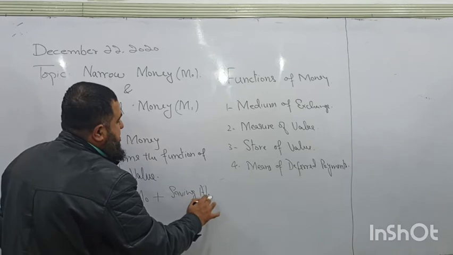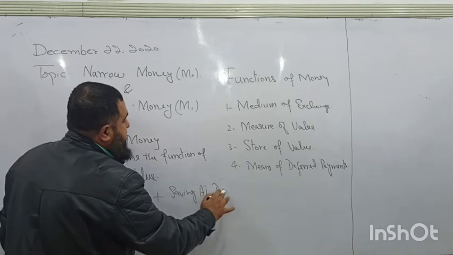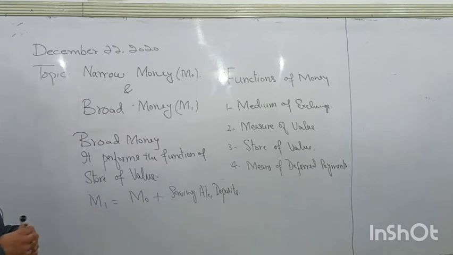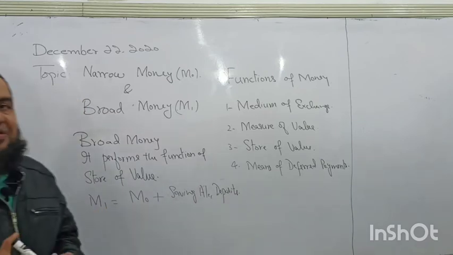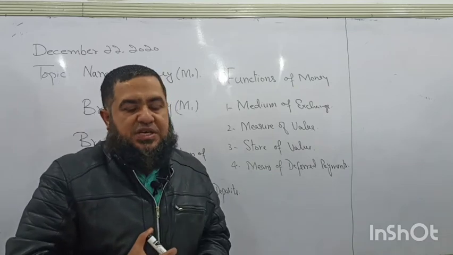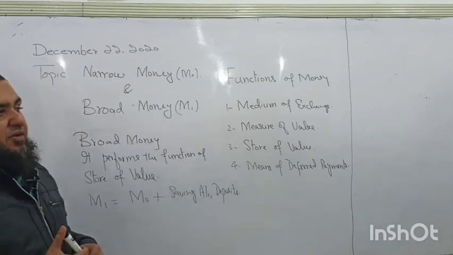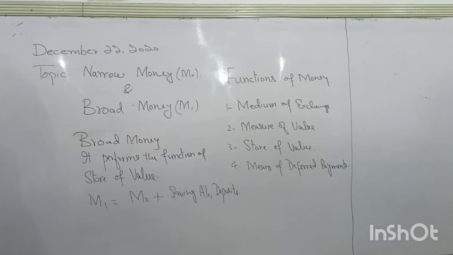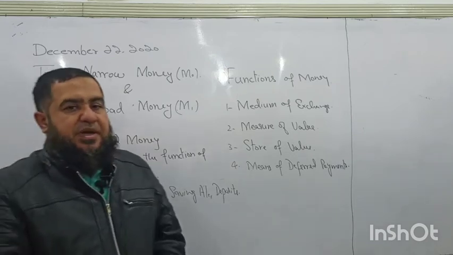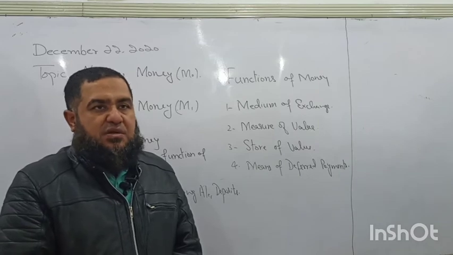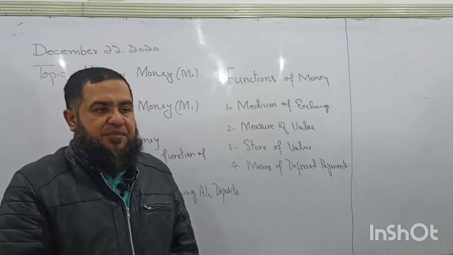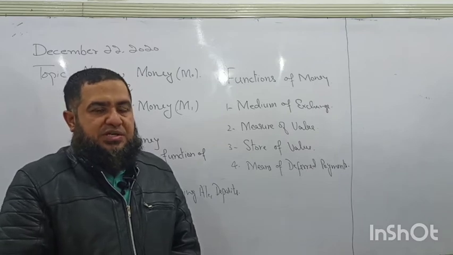Savings account deposits. Like we have savings accounts in which money is kept for 3 years, 5 years or 10 years. Now the bank will be paying compound interest on that money until the maturity date.